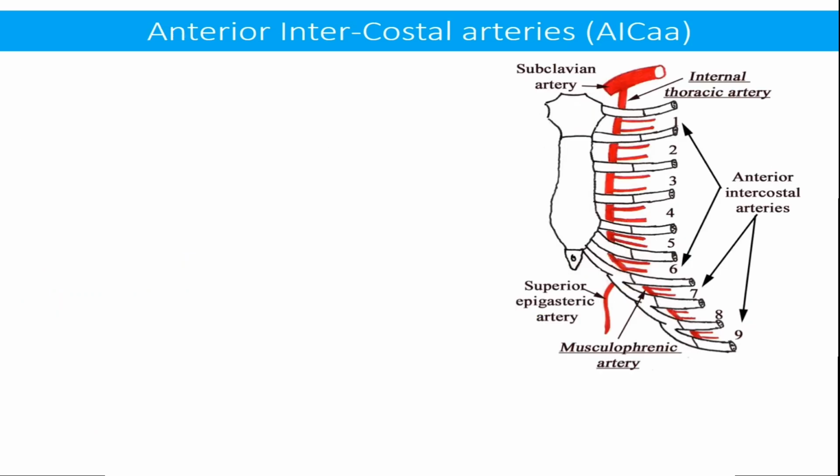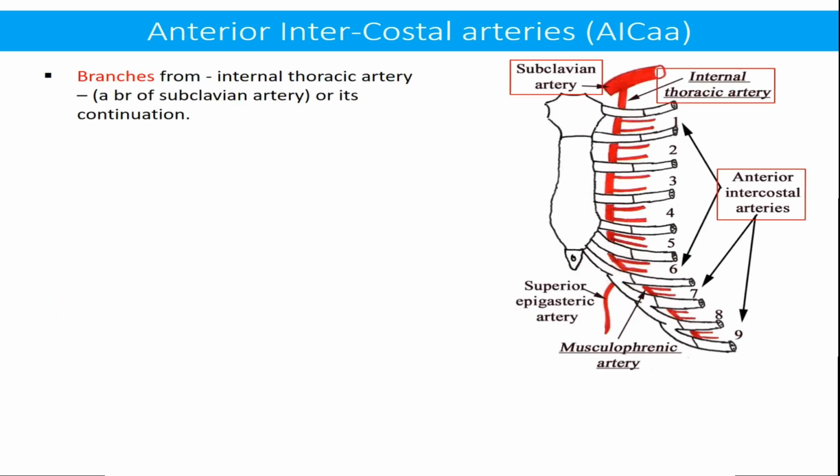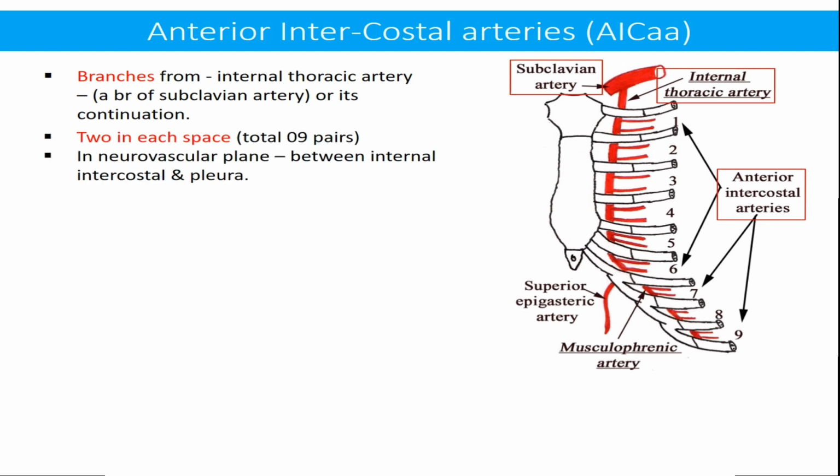Anterior intercostal arteries are branches from the internal thoracic artery, a branch of subclavian artery, or the continuation of internal thoracic artery, the musculophrenic artery. There are two arteries in each space, and there are a total of 9 pairs. 10th and 11th spaces are supplied solely by the posterior intercostal arteries.